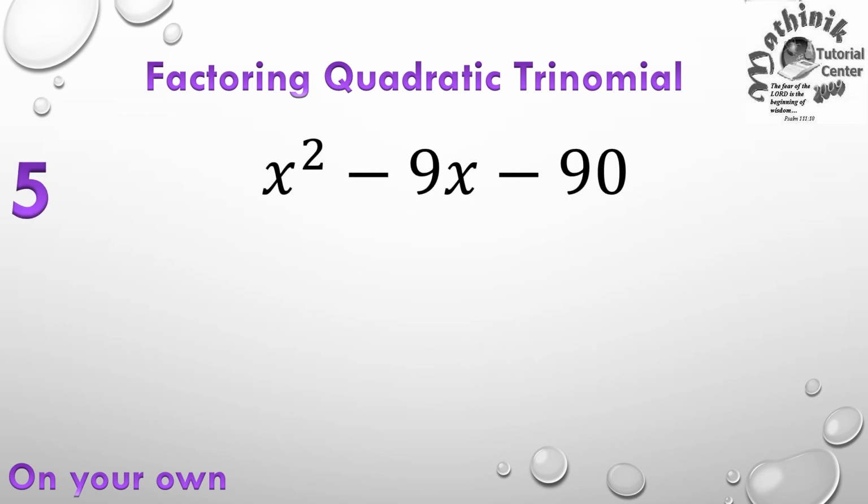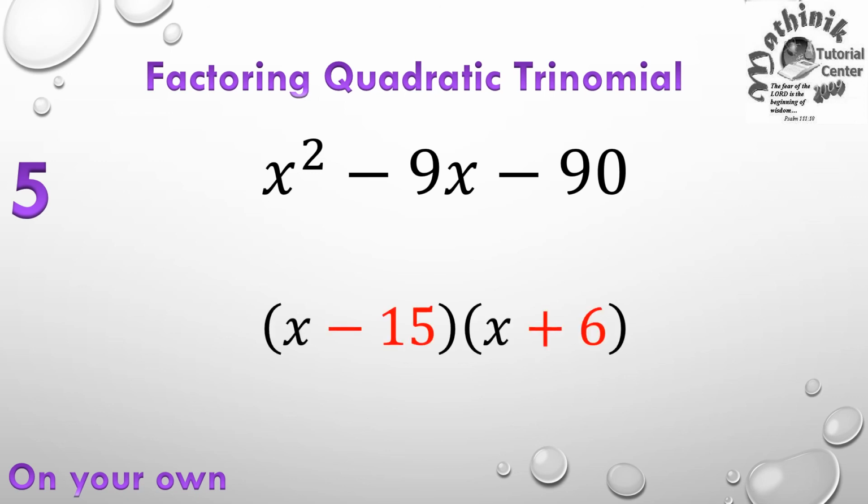You have x squared minus 9x minus 90. 15 seconds, go. So what are the factors? We have x minus 15 times x plus 6.